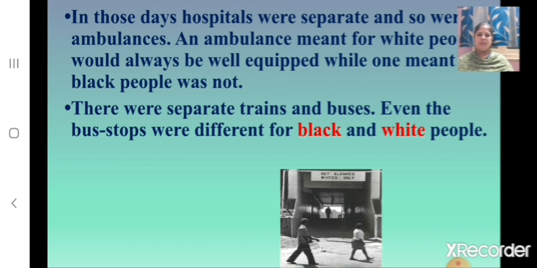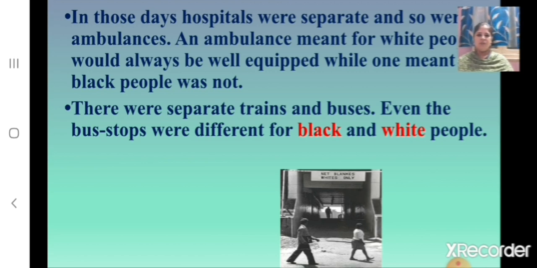An ambulance meant for white people would always be well equipped, while one meant for black people was not at all maintained. And there were separate trains and buses. Even the bus stops were different for black and white people.